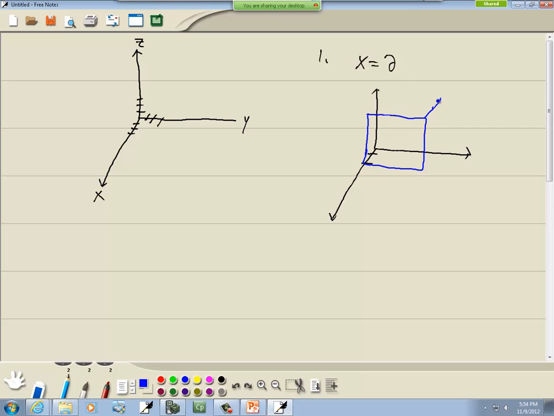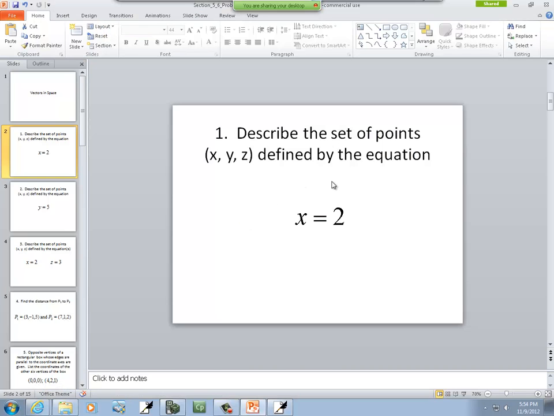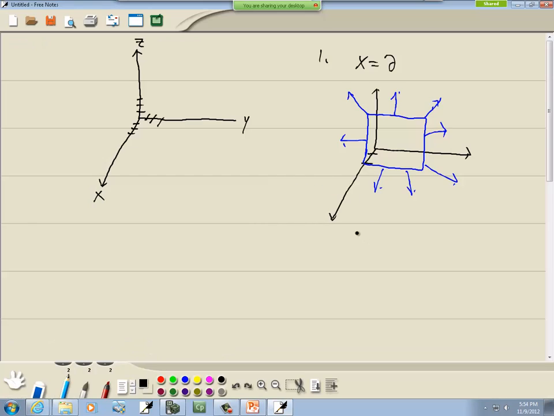And it goes forever in all directions. But no matter what, your x value is always equal to 2. So when they're asking, describe the set of points defined by the equation, well, this is a plane at x is equal to 2.